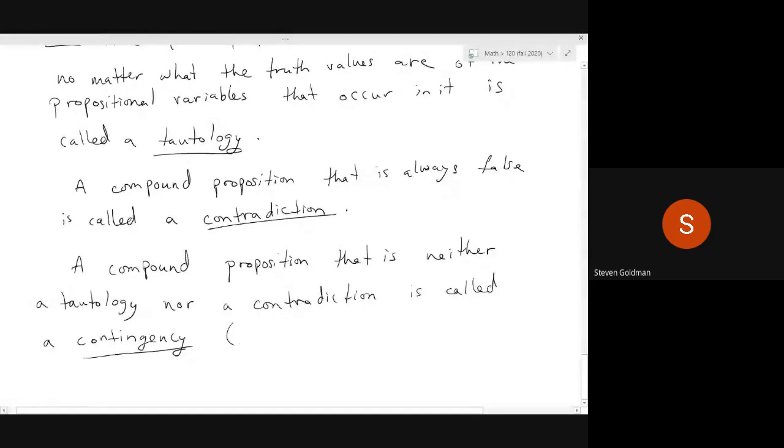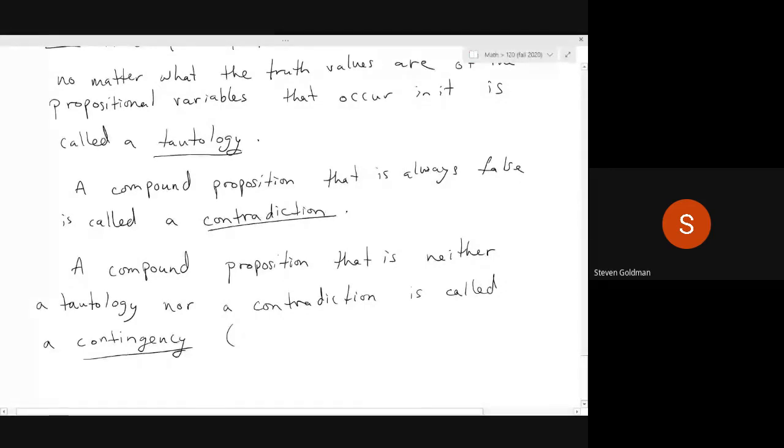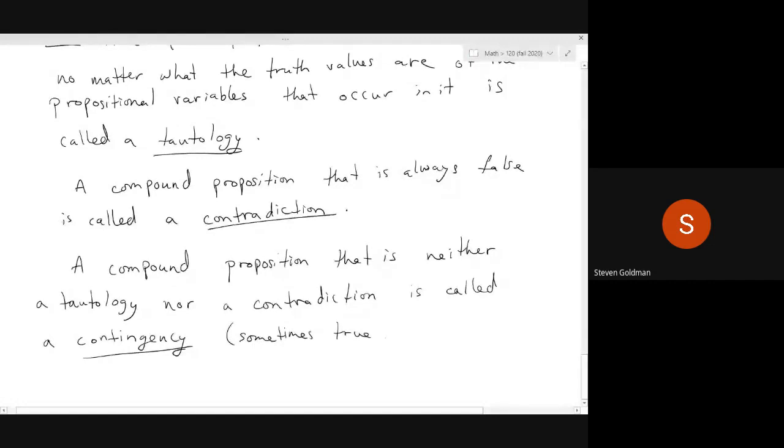Again, a contingency is just a compound proposition that is sometimes true, sometimes false. It can be either true or false.